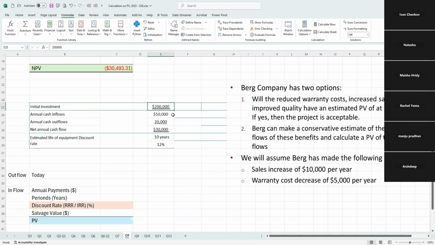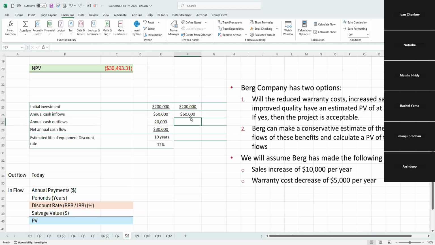Our investment will be the same, correct? No change in the investment. How much will be now our annual cash inflow? Let's increase it with 10,000, right? How much is it going to be now? 60,000. How much will be our outflow?